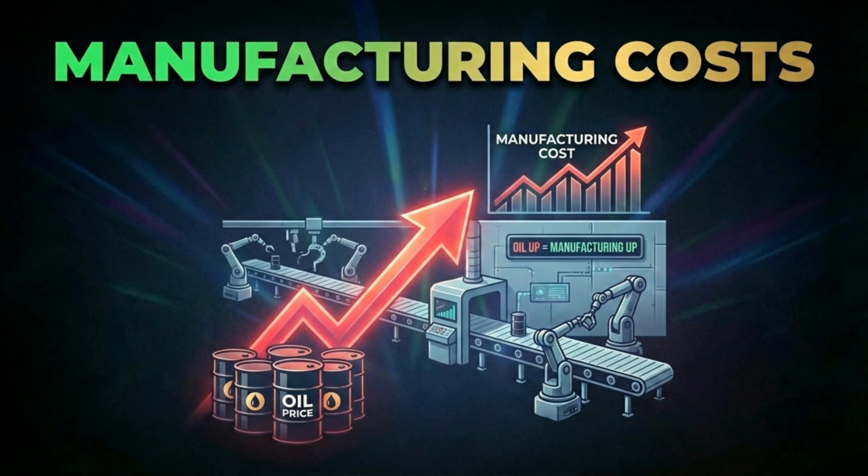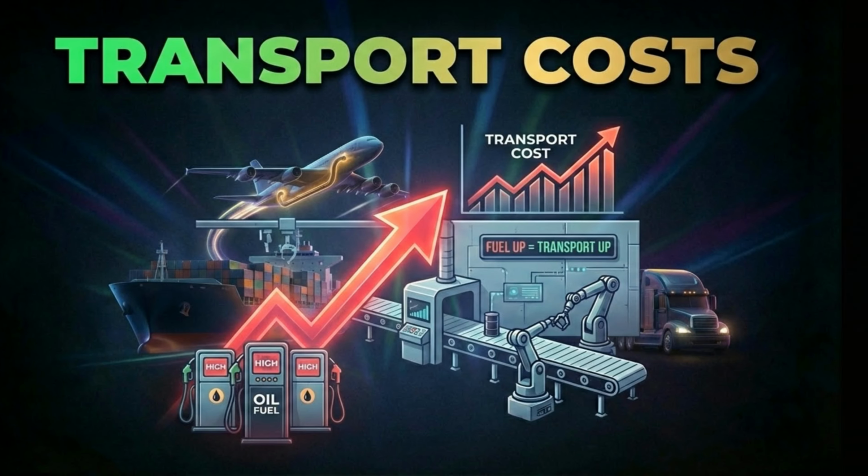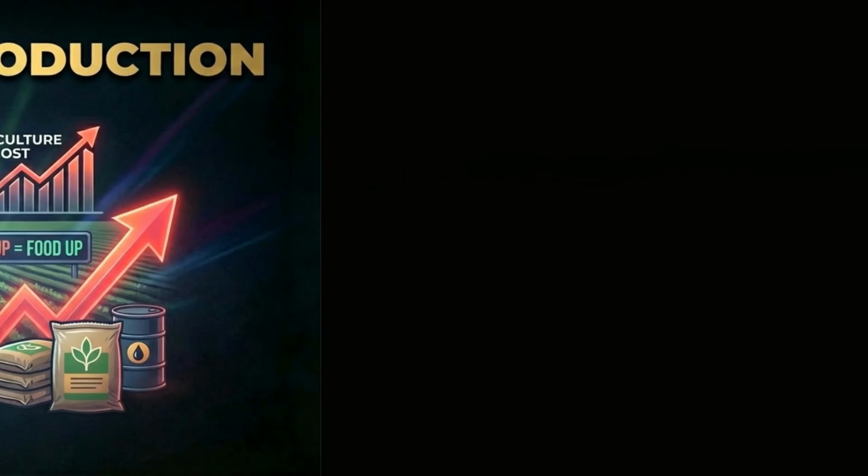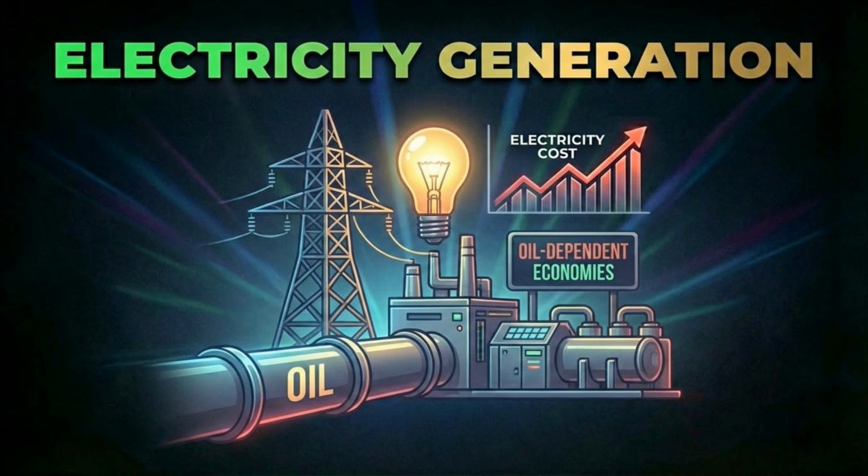If oil prices increase significantly, the cost of manufacturing rises because input costs rise. The cost of transporting goods rises because fuel costs rise. The cost of agricultural production rises because fertilizer and machinery fuel costs rise. The cost of electricity generation rises in oil-dependent economies.